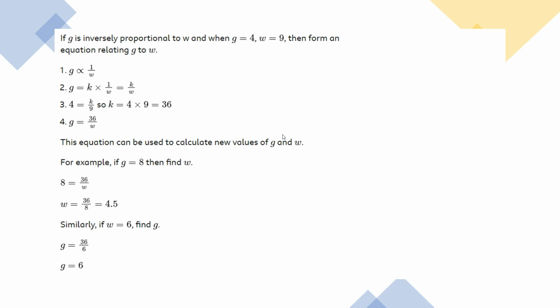Just replace the K as 36 in step 2, so you will get G equals 36 over W, and that's your final answer, and that's the relation between G and W. Right? So this is the understanding of direct and inverse proportion.